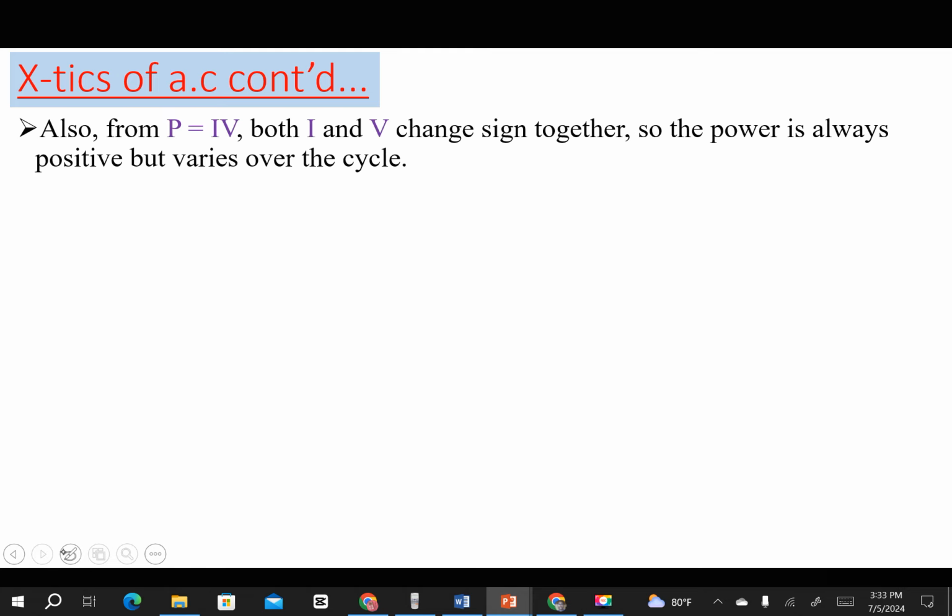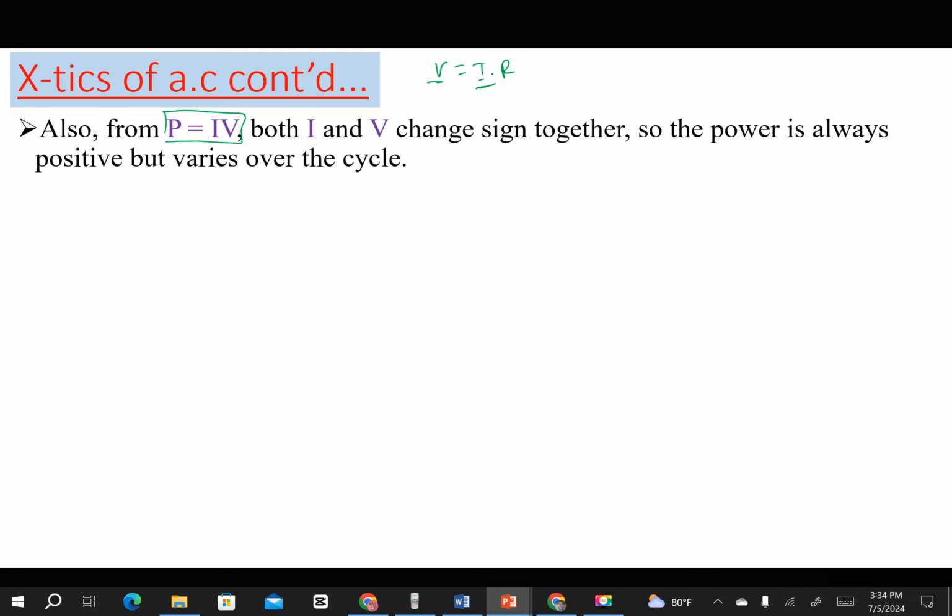I also want you to note that from the equation power equals I times V, we can also verify that the power is always positive, because remember from Ohm's law, V is equal to I times R. That means V is directly proportional to I. So if V is positive, I is going to be positive. If V becomes negative, I is always going to be negative, because V and I change sign at the same time.